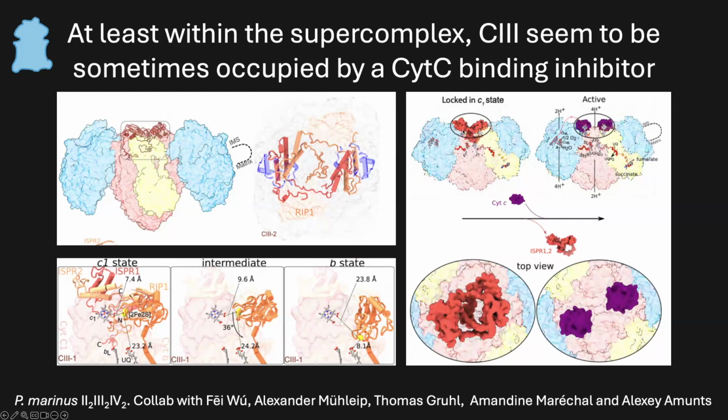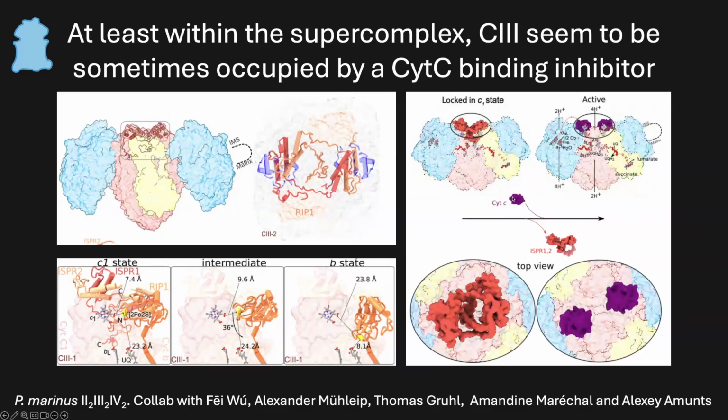And this heterodimer, if we model where the mobile carrier would sit, would potentially compete with where the mobile carrier should sit. And so they came up with a very novel and a bit hand-wavy hypothesis that this ISPR1-2 heterodimer serves as an inhibitor for complex 3.